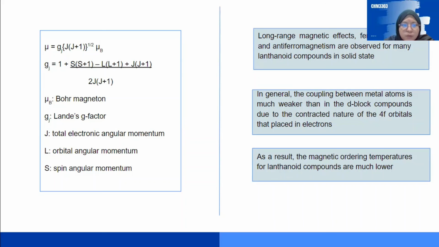Mu B is the Bohr magneton while gJ is the Landé g factor. J is the total electronic angular momentum, L is the orbital angular momentum, and S is the spin angular momentum.